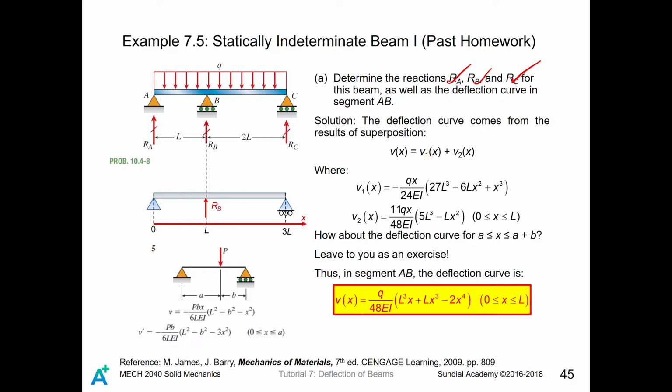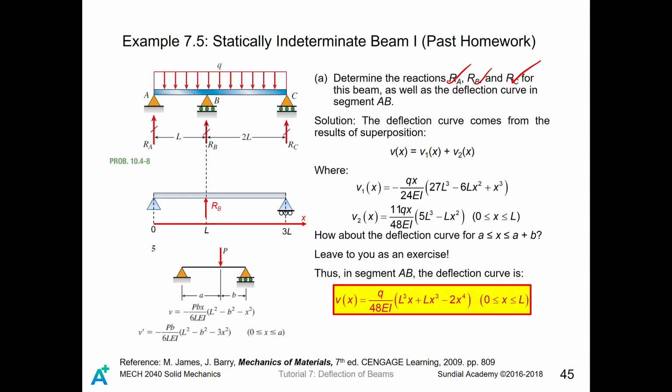As we mentioned before, for this superposition entry, the curve is just talking about from 0 to A. That means the left-hand side span. For the right-hand side span, you will do some modification to obtain it. But so far, let's try to get the results for the left-hand side span. So the deflection curve comes from the results of superposition entries V1 and V2.